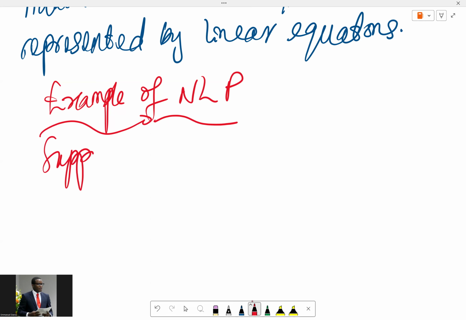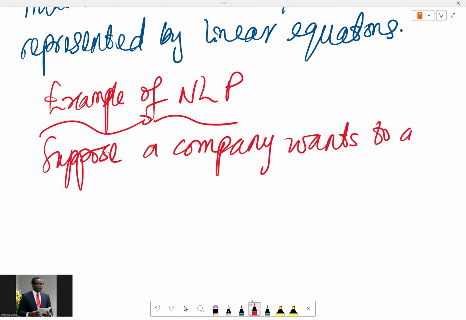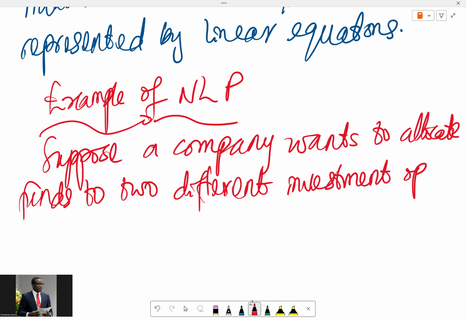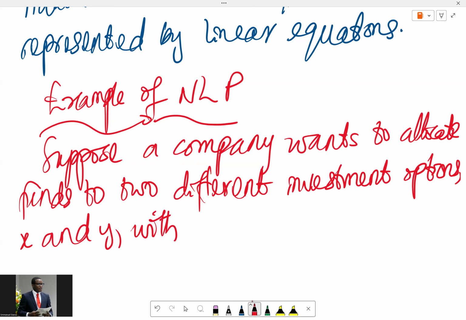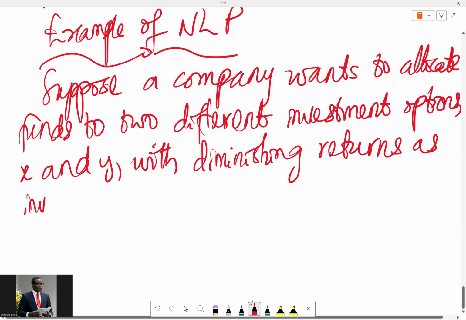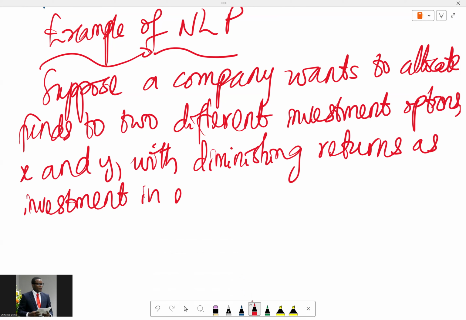So suppose a company wants to allocate funds to two different investment options, X and Y, with diminishing returns as investment in each increases.